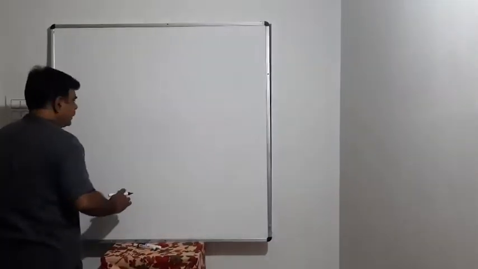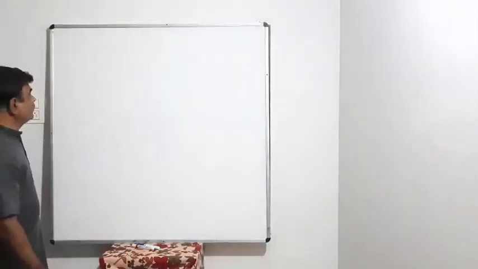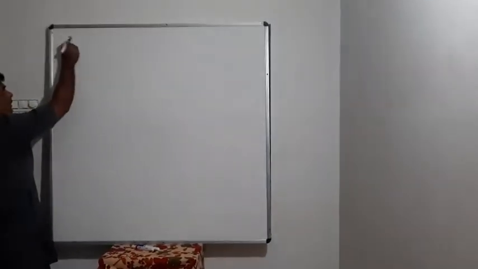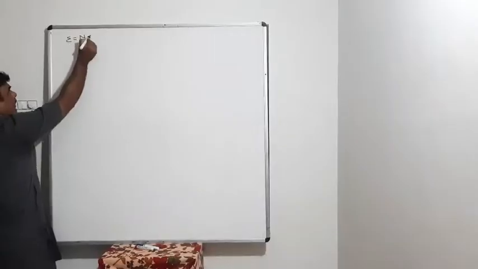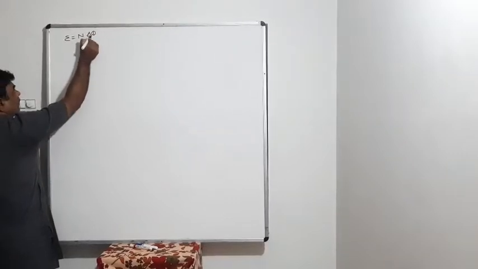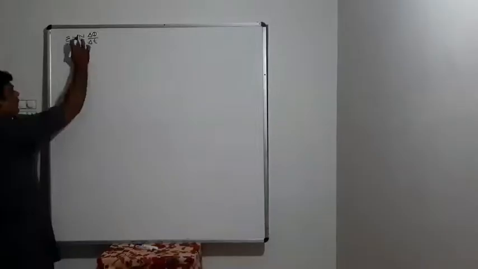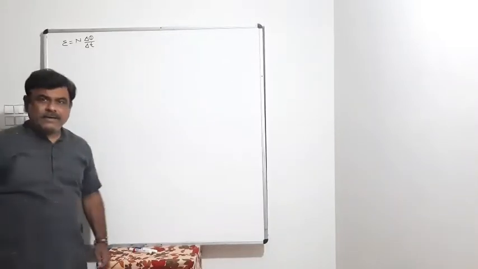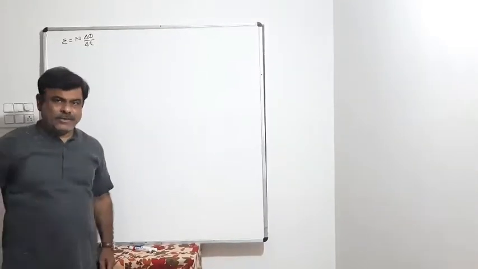First, electromagnetic induction as per Faraday's law, E is equal to N delta phi by delta T. I am not taking the negative sign, meaning this is only the magnitude.